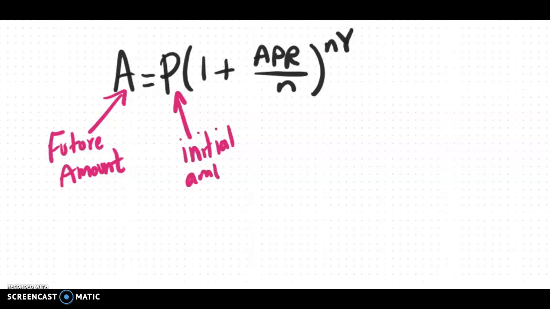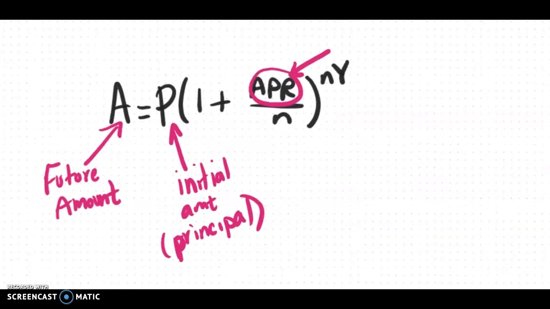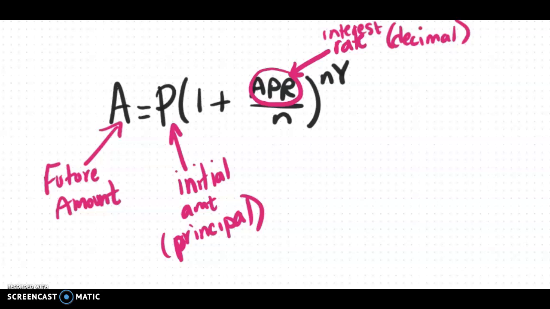The initial amount is also known as the principal, so that's why they call it P. The APR is the annual percentage rate. So this is the interest rate. And to use that interest rate in this formula, you have to have it in decimal form. So you remove the percent sign and move the decimal point 2 places to the left. Then I have N, and I have N twice.